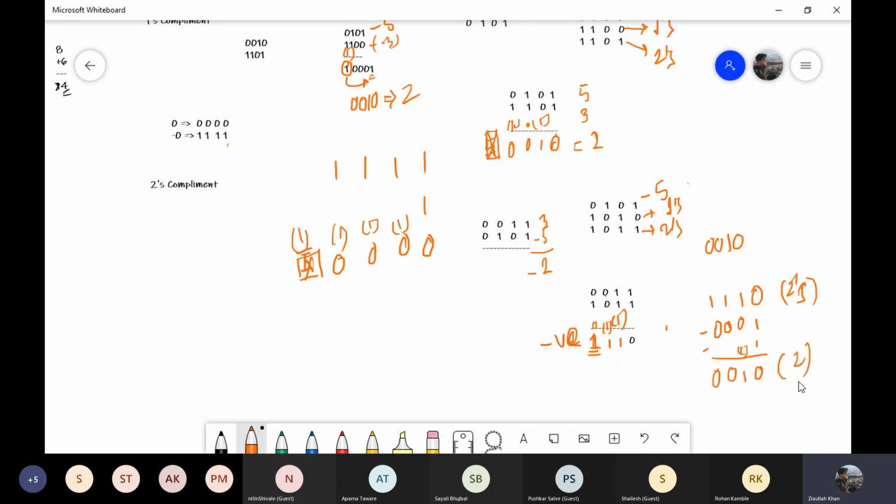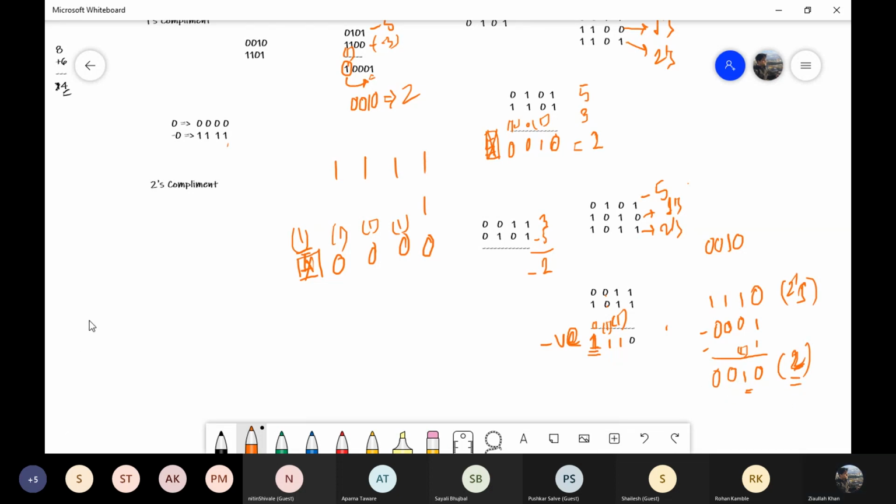Then if you look at this, this is the value of 2. So with 2's complement, you can subtract a bigger number from a smaller number, and the result that you get, if you take 2's complement once again, is going to give you the actual magnitude of that value, and you would understand the result is a negative number itself.